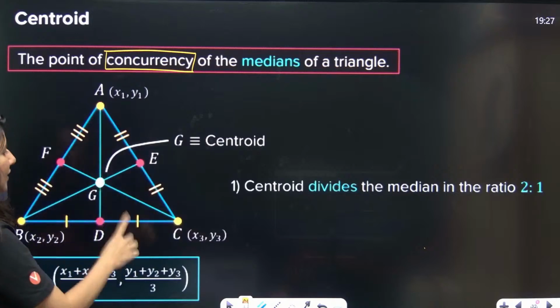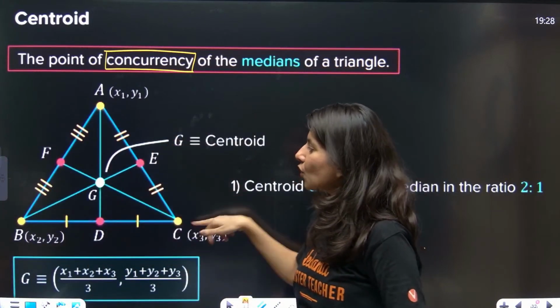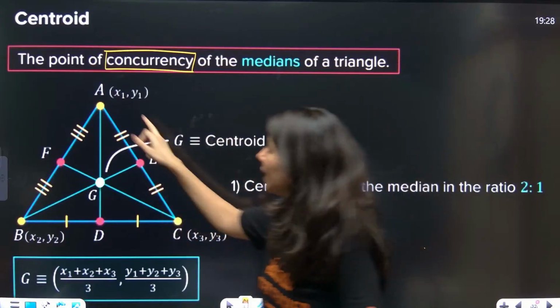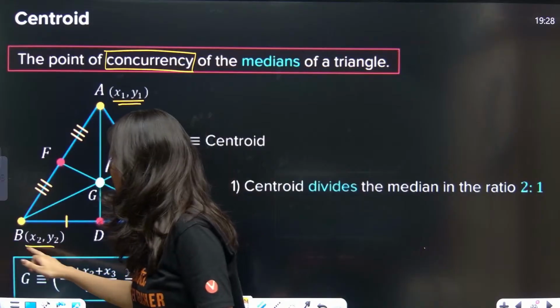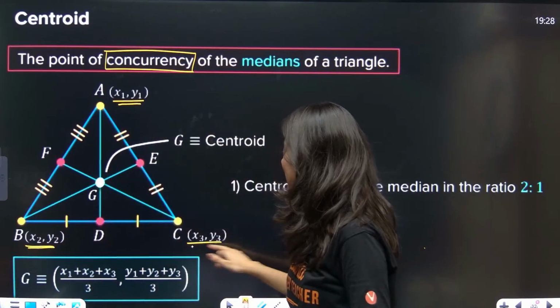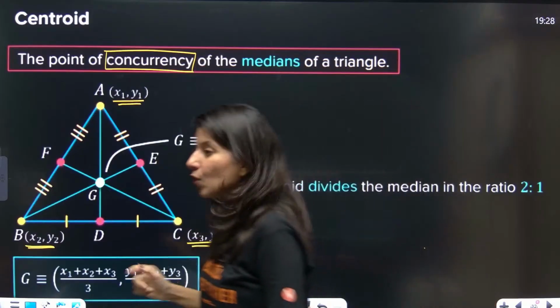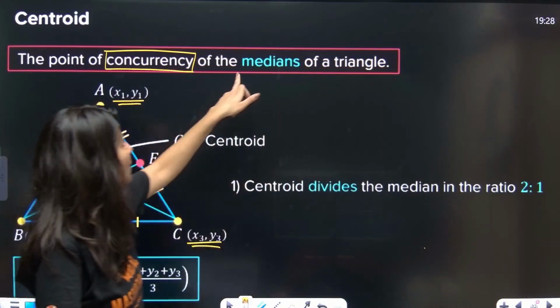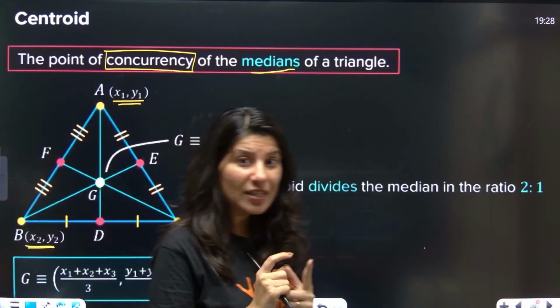So you have got a triangle. Can you see on your screen? This is a triangle. Now, if you draw a triangle, obviously you will have A, x1, y1. B is x2, y2. C is x3, y3. Okay. So this is your triangle. Now, what is median? Anybody, what is median? And we have done a question also on median.